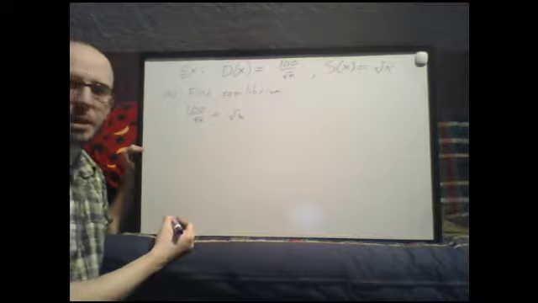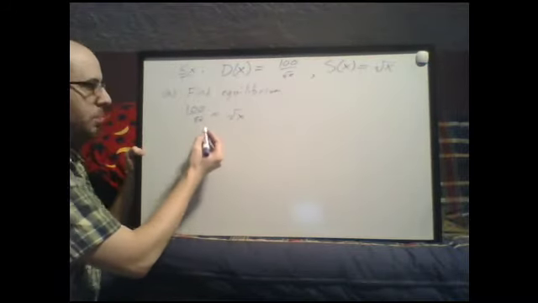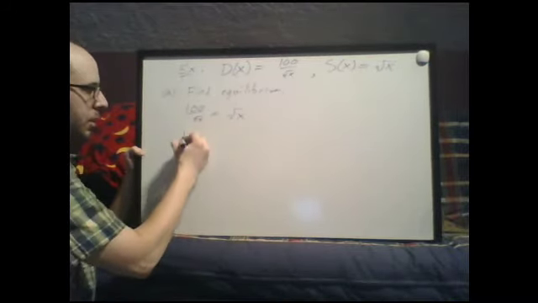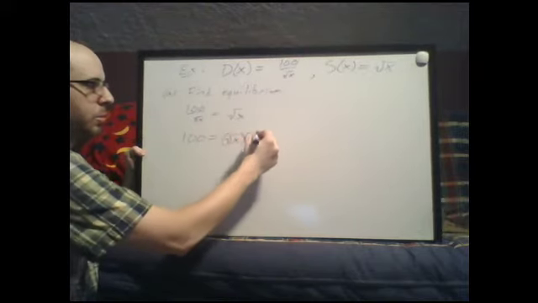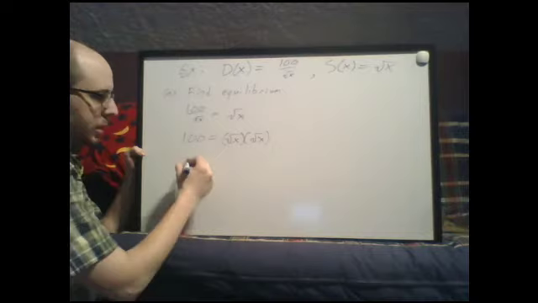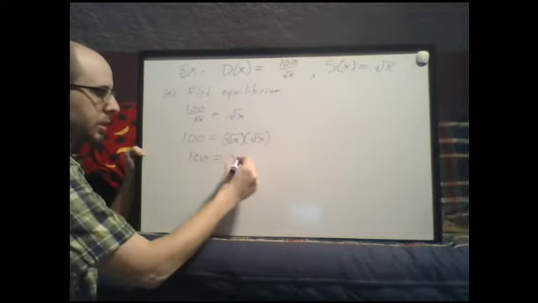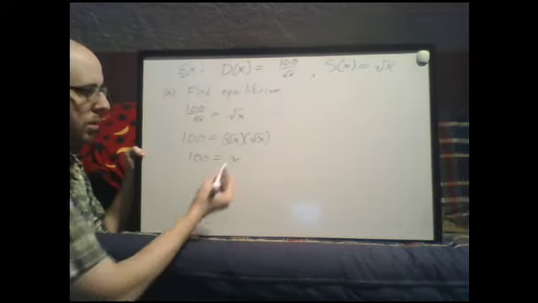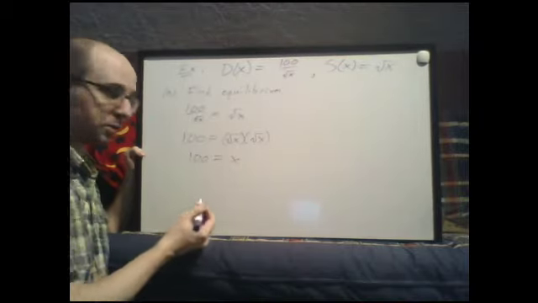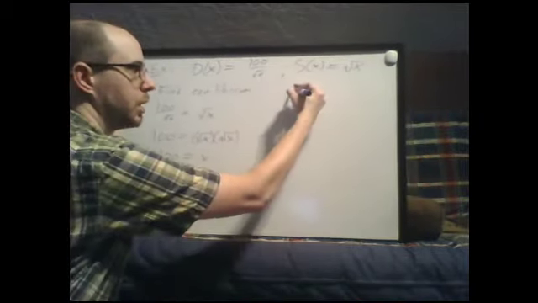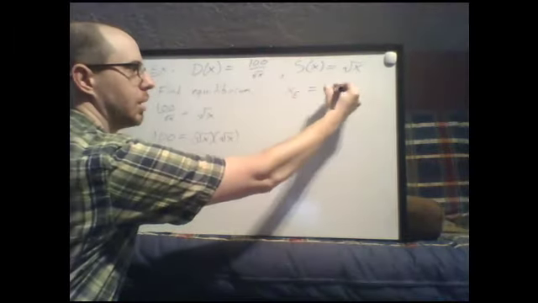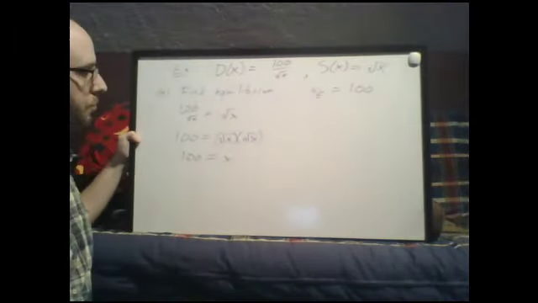In this case, I want to multiply both sides by square root x to get rid of this denominator. Well, if I multiply square root x by square root x, that's just x. So that's square root of x squared, which cancels and gives me x. So my equilibrium quantity, x sub e, is 100.